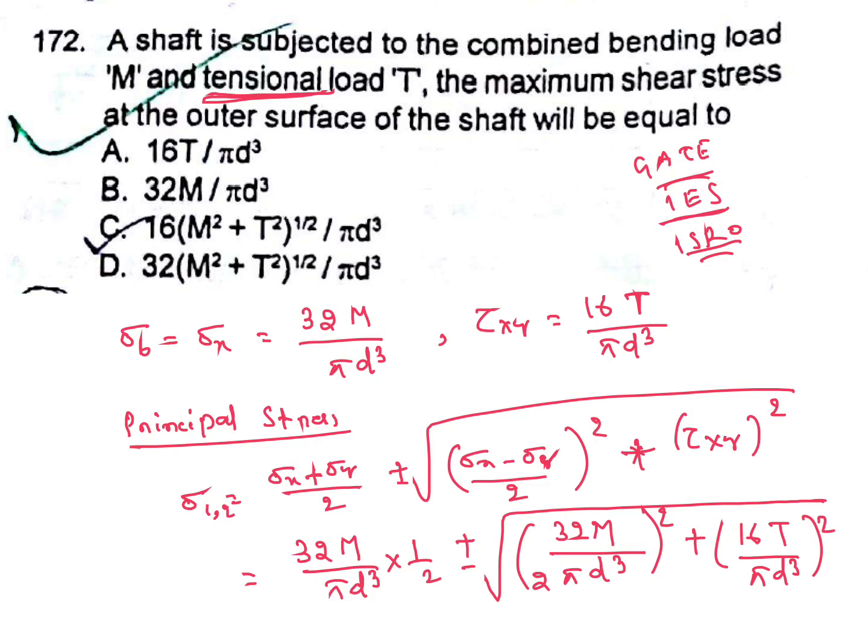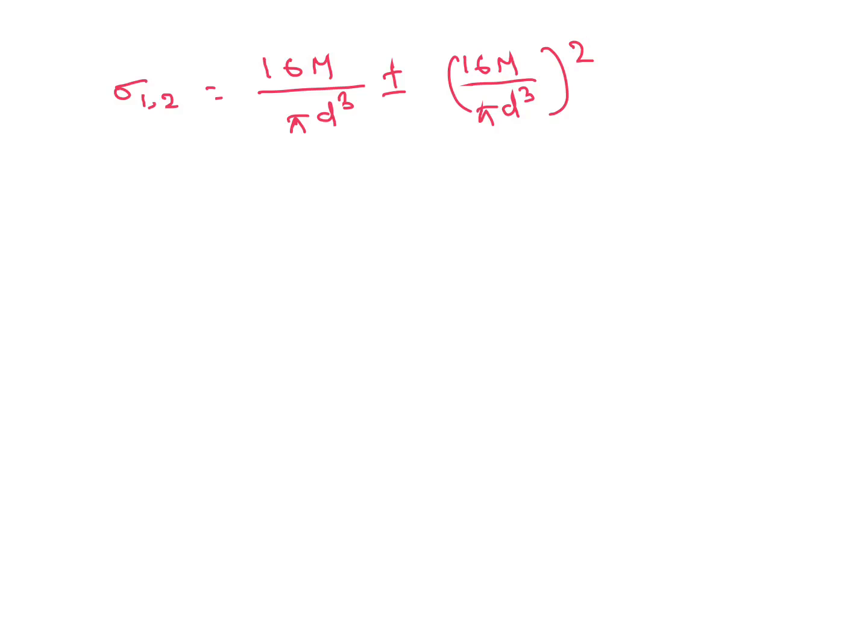If you solve this one, you will get sigma 1, 2 is 16 M by pi d cube plus or minus square root over 16 M by pi d cube whole square plus 16 T by pi d cube whole square.